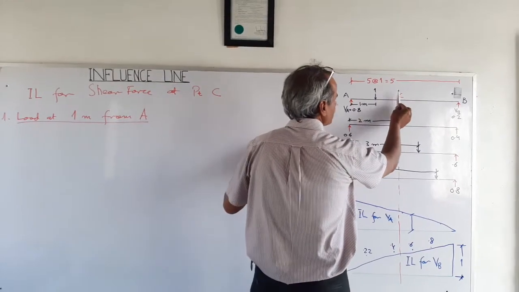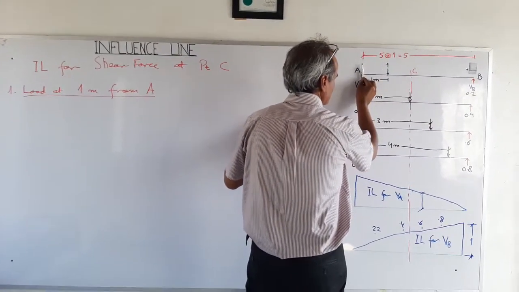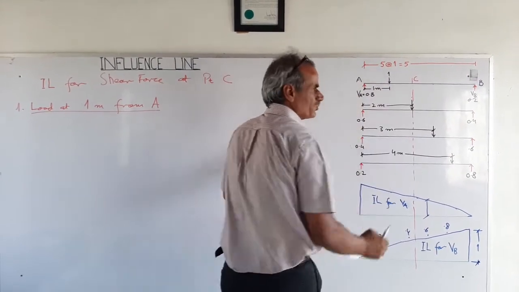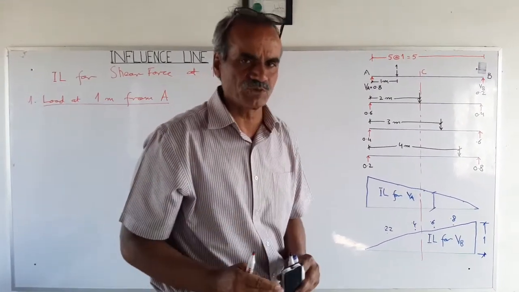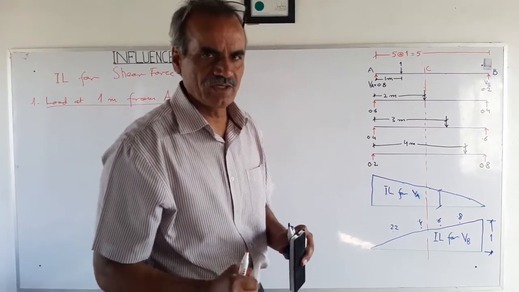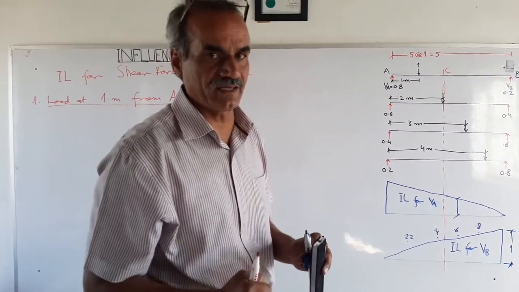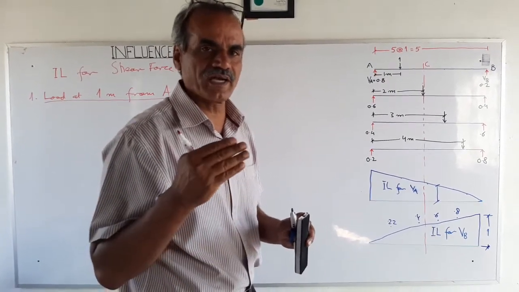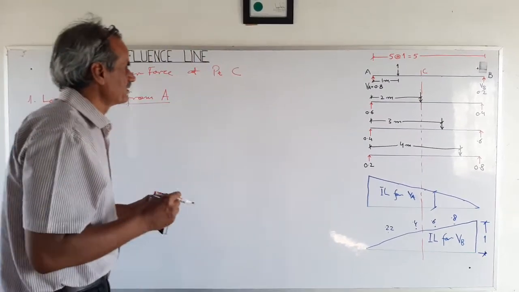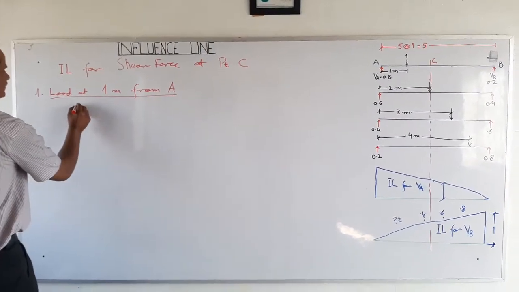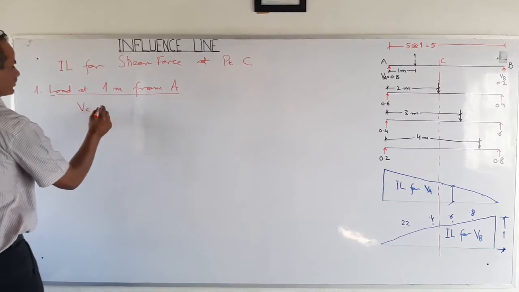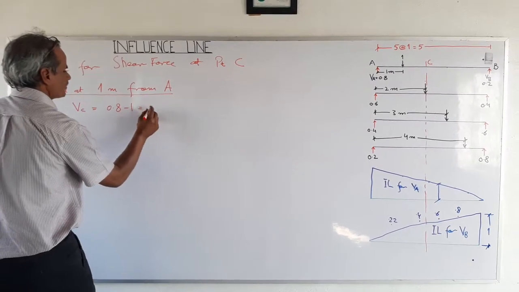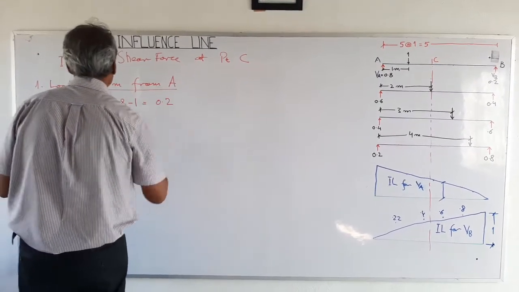On the left side of the section, moving from spot A, there are two transverse forces: the unit load and the reaction at A. If we take the reaction at A as positive and the load acting downward as negative, then shear at C is 0.8 minus 1, which is equal to minus 0.2.